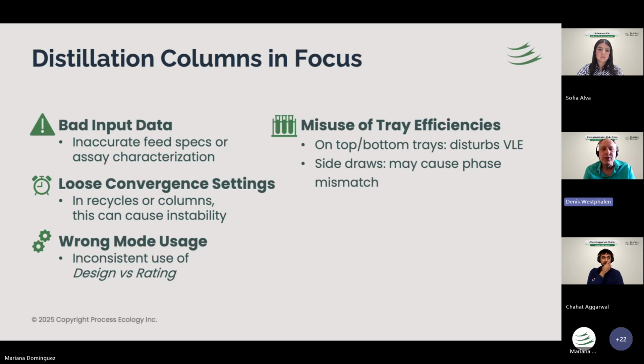Be careful with side draws too. If you specify a tray efficiency on a tray that has a liquid side draw, you're going to see some funny things on your flow sheet, like a little bit of vapor there, which might not be the case. So just be careful with those key trays on your columns if you're using the Murphree tray efficiency.